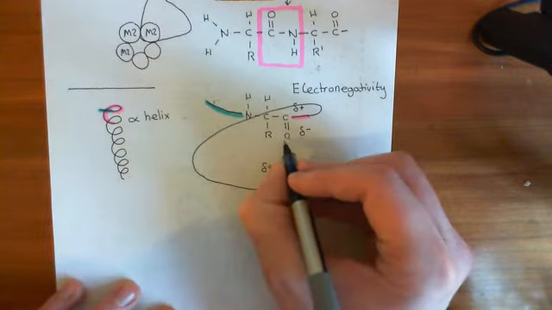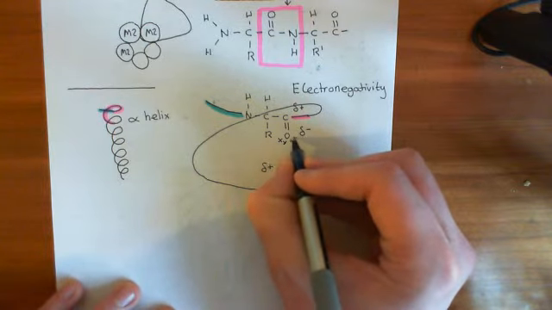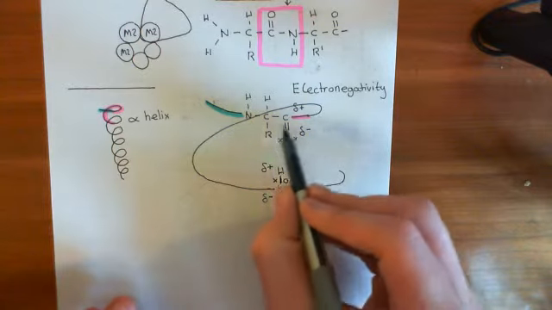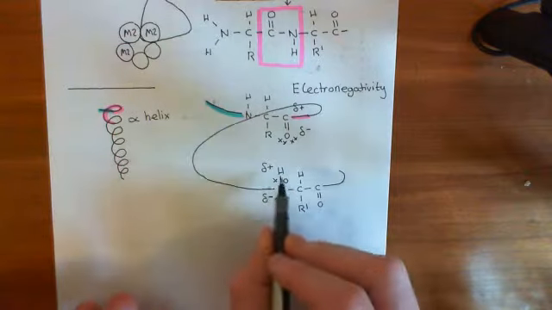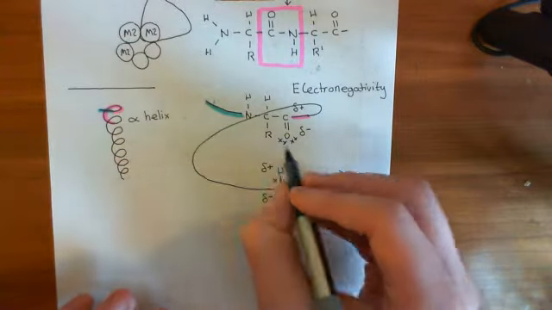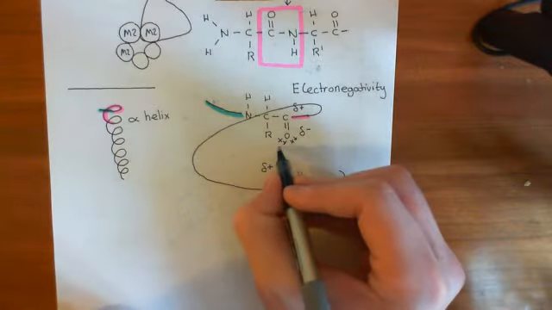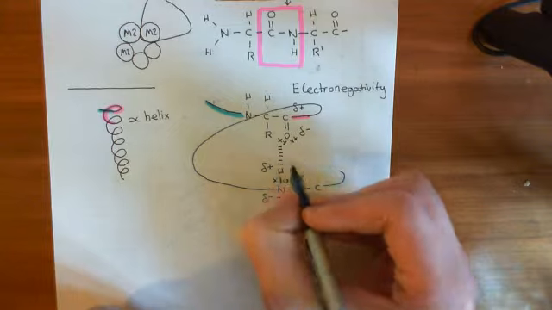In addition, oxygen has two lone pairs of electrons, which act as centers of negative charge. So basically you have this negatively charged species here with these centers of negative charge, and a positively charged species here. And what will happen is this positively charged hydrogen will form a nice electrostatic interaction with one of these lone pairs on the oxygen.